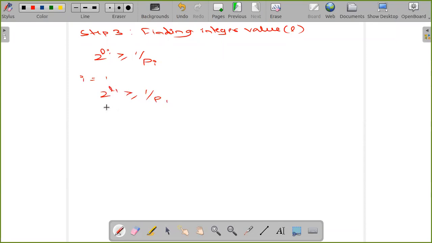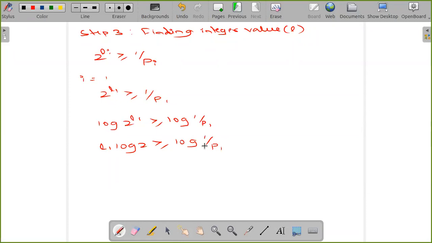How is it possible? Applying log on both sides. Log 2 raised to L1 greater than or equal to log 1 by P1. Log A raised to N can be written as N log A, so L1 log 2 greater than or equal to log 1 divided by P1.